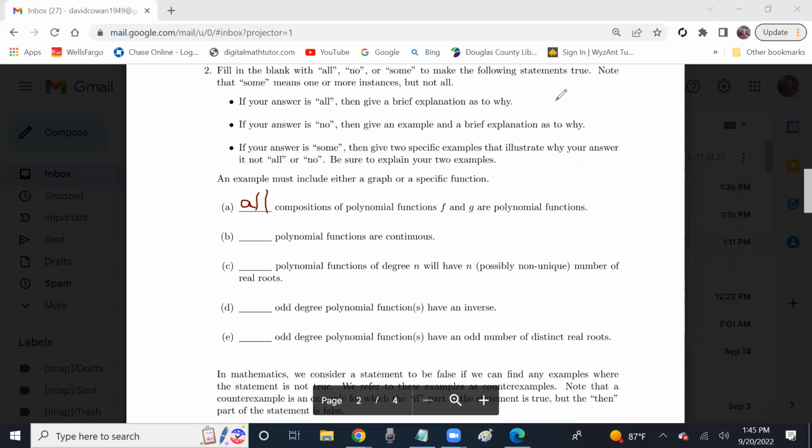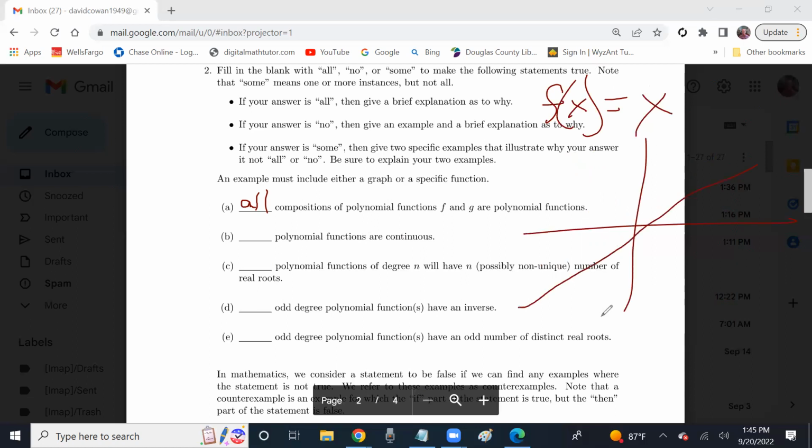In other words, if I look at a simple polynomial, that's continuous. So certainly there is one that is continuous. Can I write a polynomial function that is not continuous is the next question.